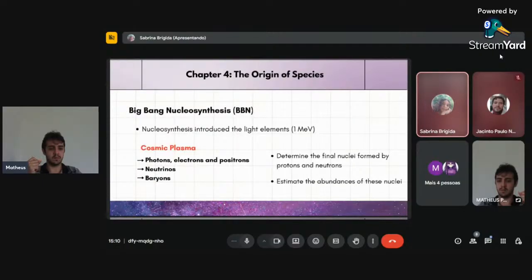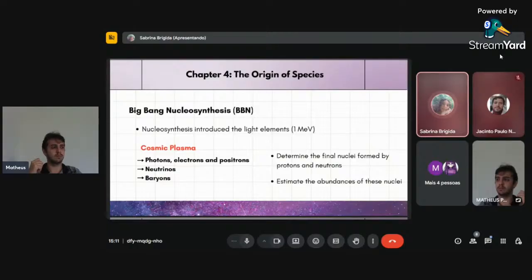Okay, another topic of this chapter was BBN, the Big Bang nucleosynthesis. The out of equilibrium phenomena can lead to the formation of light elements in the early universe, and we call this Big Bang nucleosynthesis.